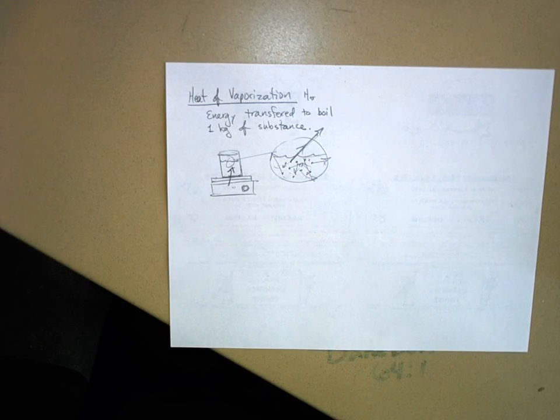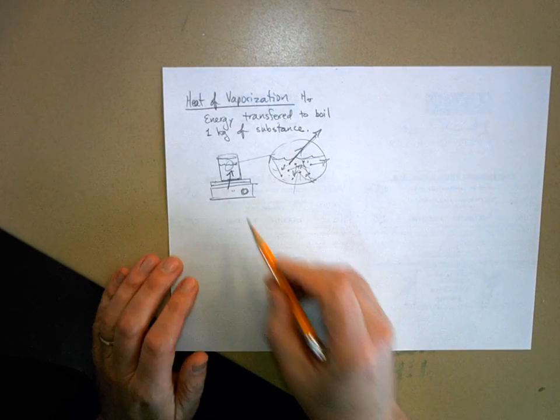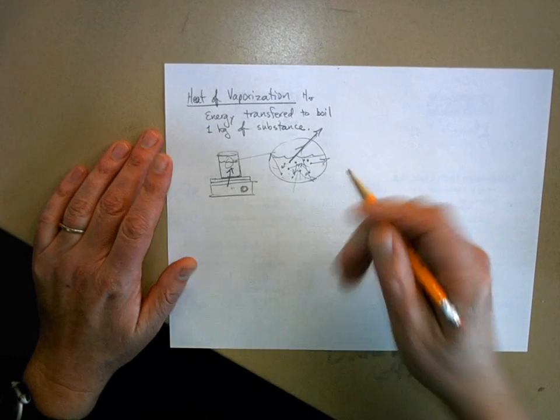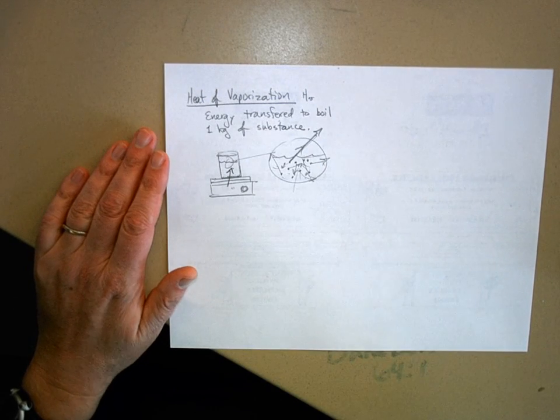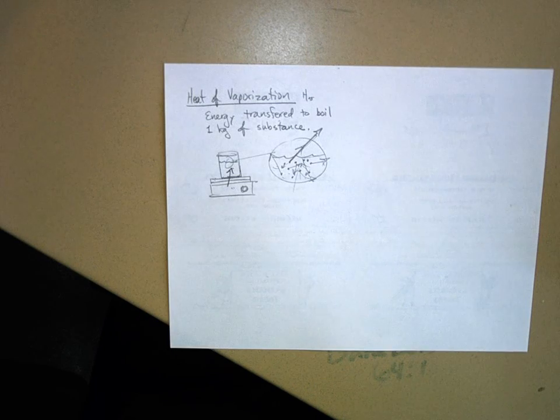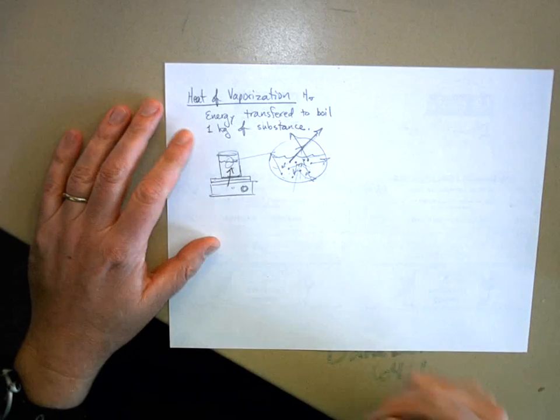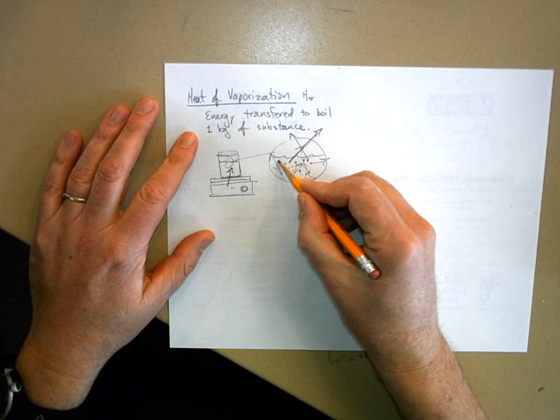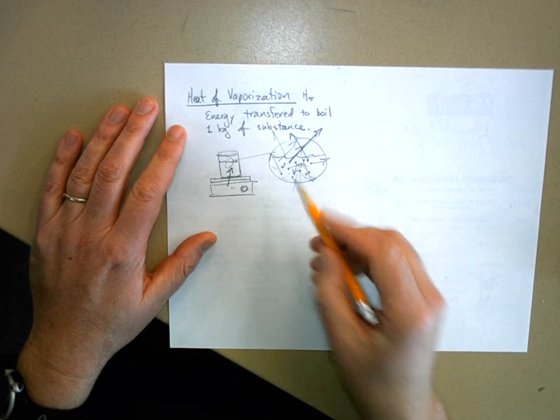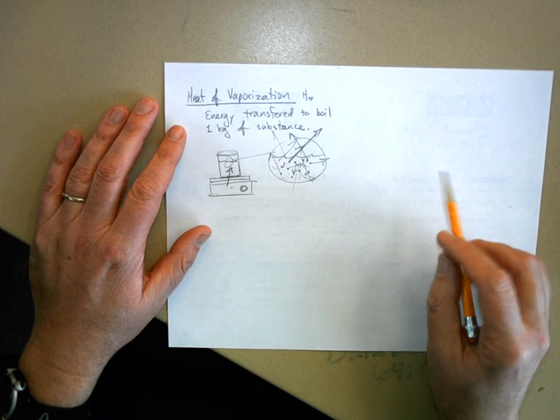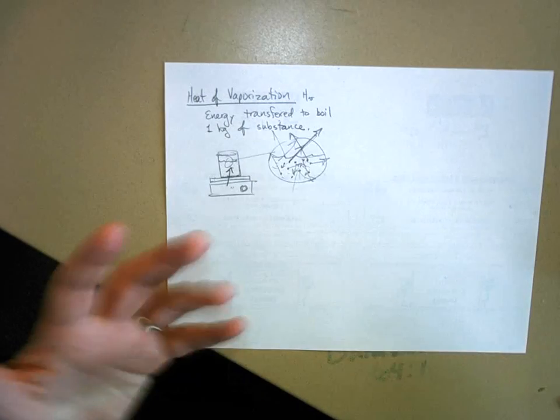But we keep adding heat to it from the hot plate. We keep adding heat to it until one of the other ones gets a higher velocity than it can have and still stick with all the others. And so, boom, it takes off. And boom, it takes off. So what happens is that the water molecules are leaving the liquid, and you're actually vaporizing it.